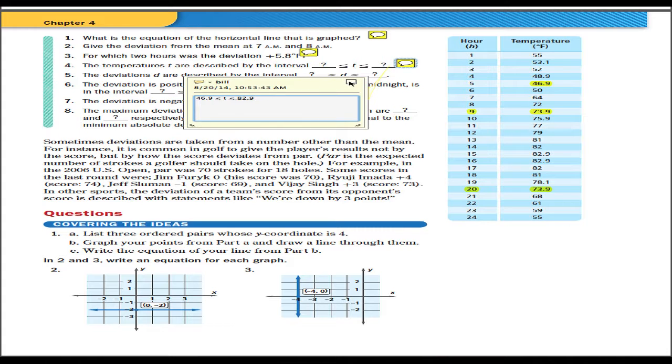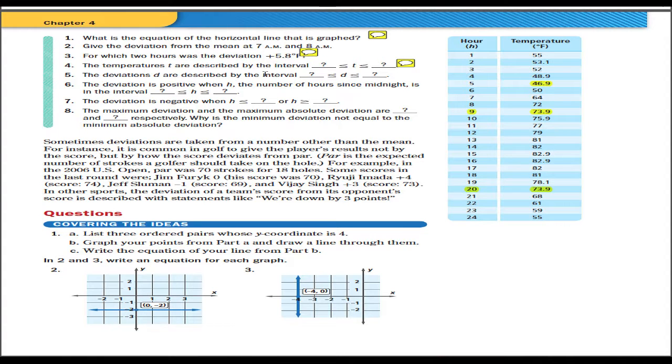Okay. Number 5, the deviations d are described by the interval. Now this is the case where you want to know the maximum and minimum deviation, and we determined the high and low temperatures, so we want just the deviation from those.